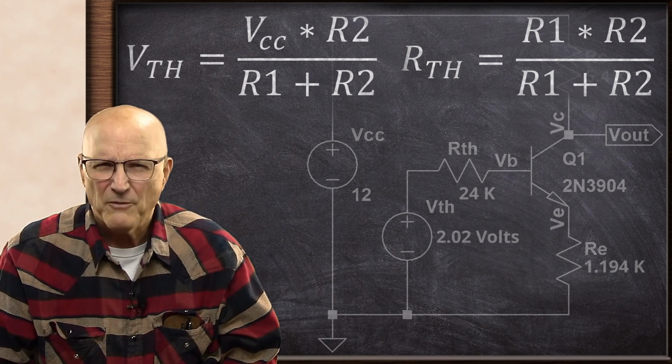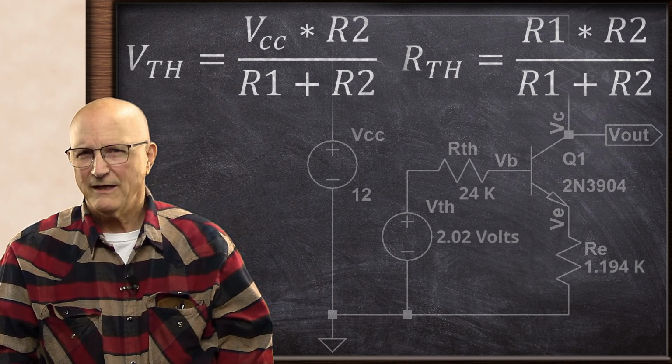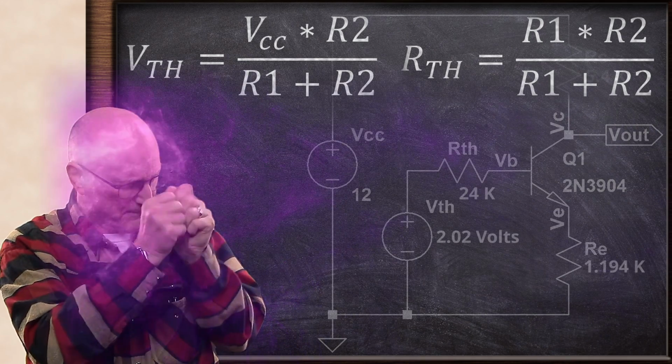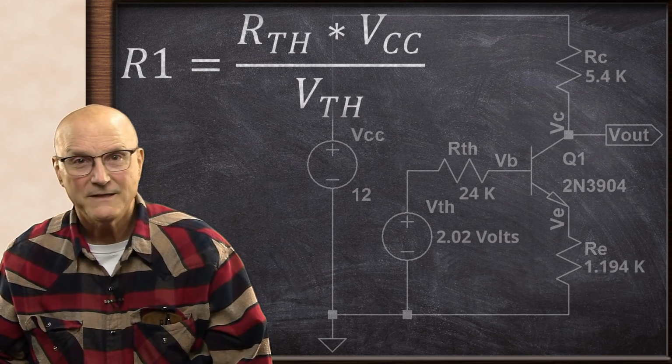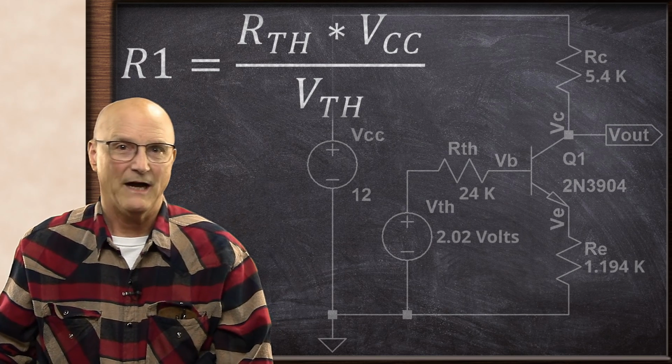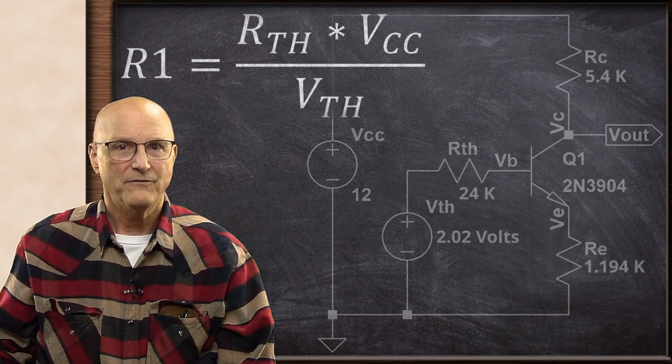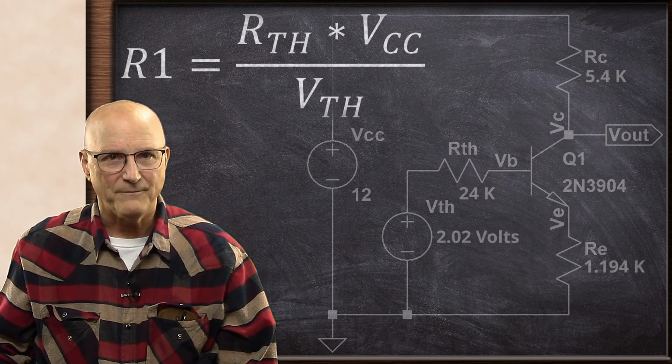Doing a little mathematical magic, we can calculate the value of R1 with this equation. R1 is equal to R Thevenin times VCC divided by V Thevenin.